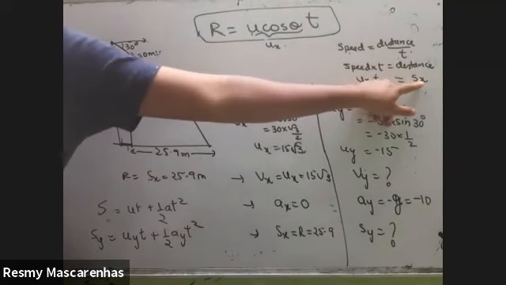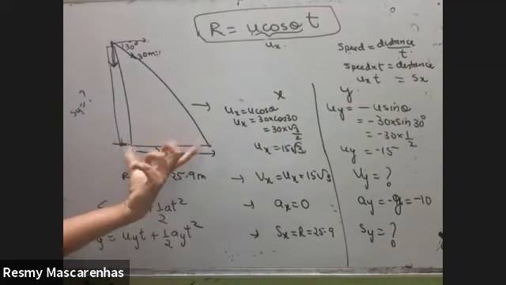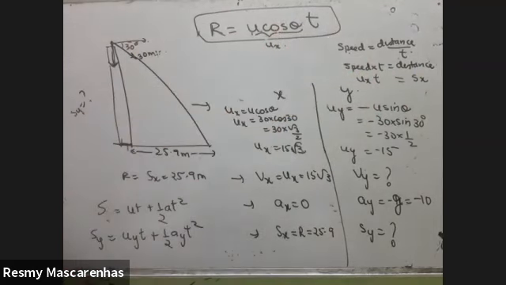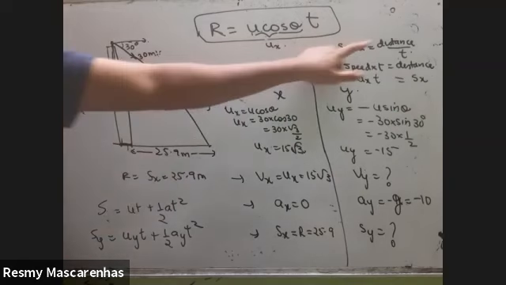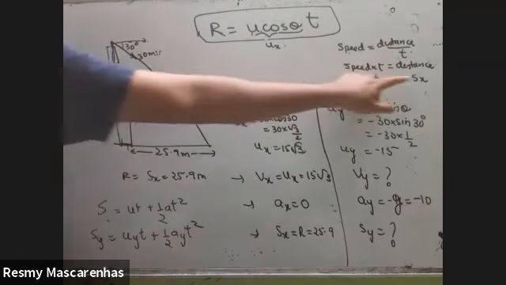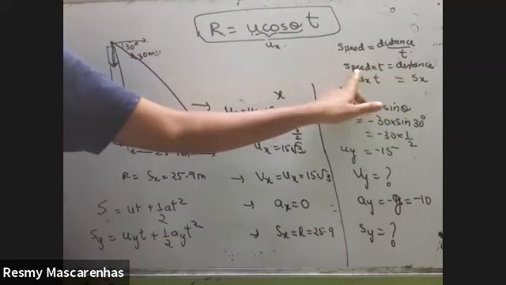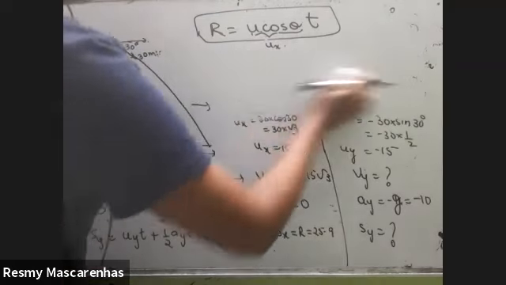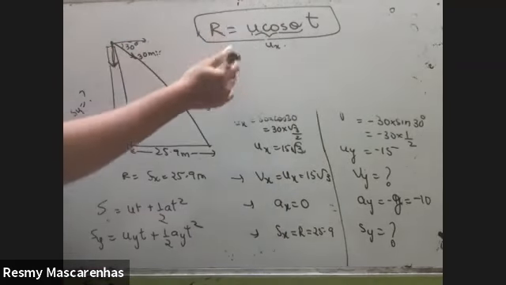Sx is nothing but your range, this whole R, and ux is nothing but u cos theta, and t. That is how I get that formula. Velocity is displacement upon time. Displacement is Sx, and velocity is ux. So directly you can remember this formula.